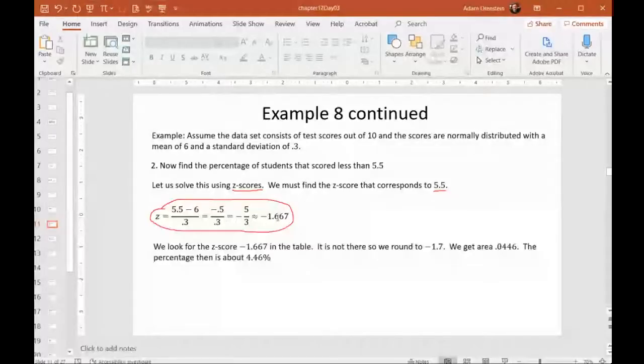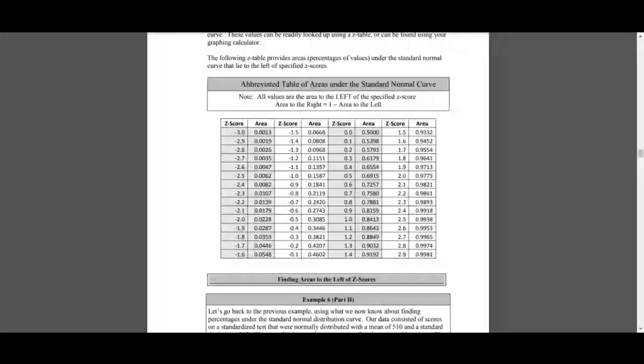In fact, let me go to the table. I wasn't going to share the table again because I didn't know if it was helping to keep switching between sharing documents, but I guess I really should share the table. So let me do that again. Now we have negative 1.667, but that's not in here, is it?